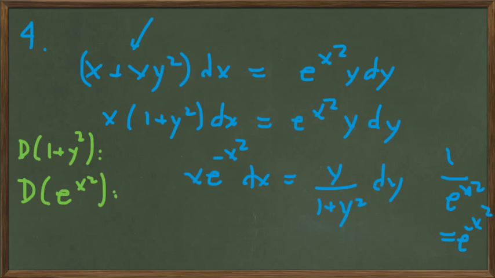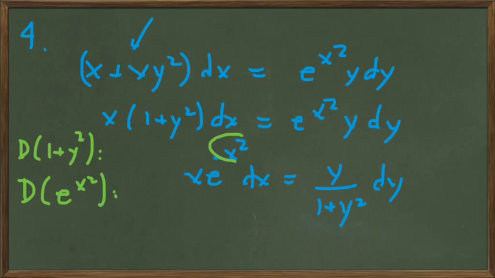Now do you see which integration technique we need to use on each of these sides? It's actually the same technique on both sides. And so what is that on the left-hand side?